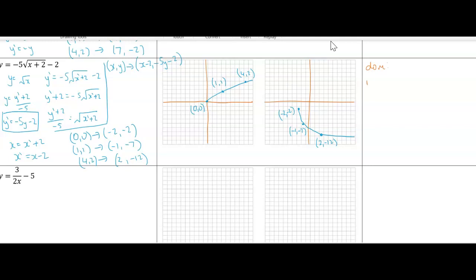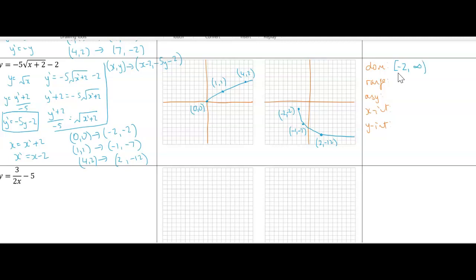All right, so let's list our points. We've got domain, range, asymptotes. We've got no x-intercept, so I might put that first just to leave us with a bit of space to do our y-intercept. All right, our domain. So we're starting at negative 2 and it includes negative 2 and we're going to infinity.